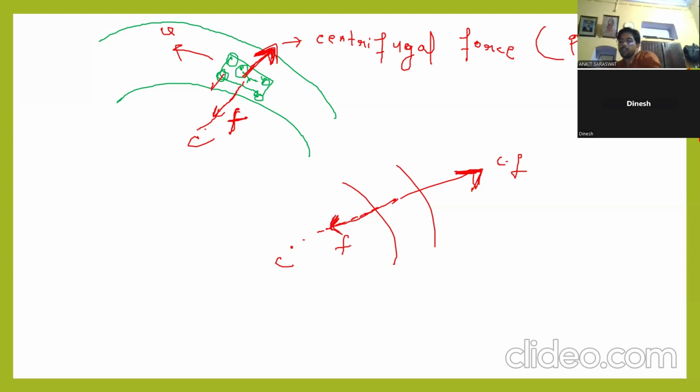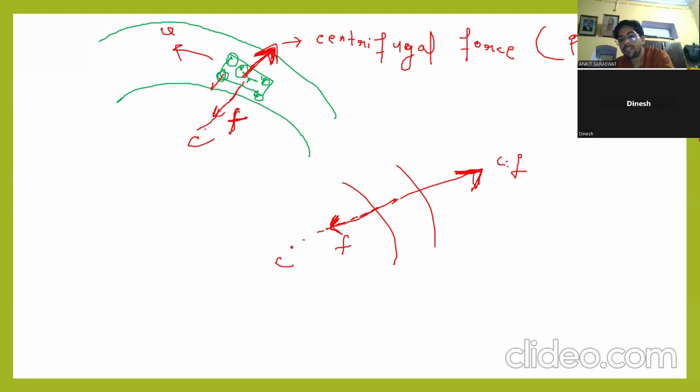Have you seen that on a rainy day, your car slips because of this centrifugal force? During the rainy season, the friction reduces. There is not proper contact between the tires and the road because of the rain. So the friction reduces and the centrifugal force is maximum.